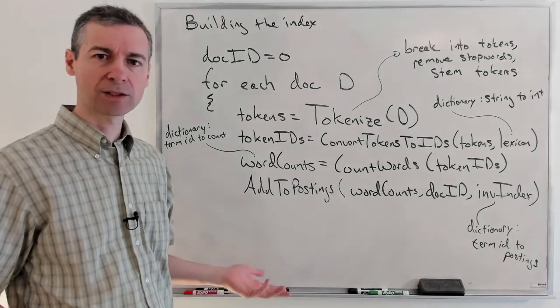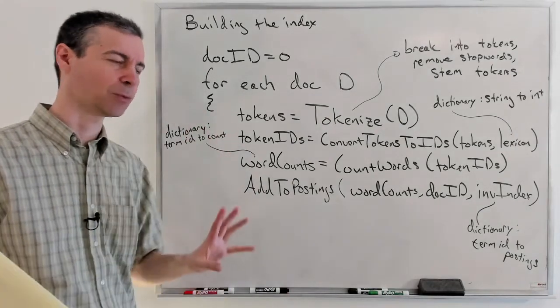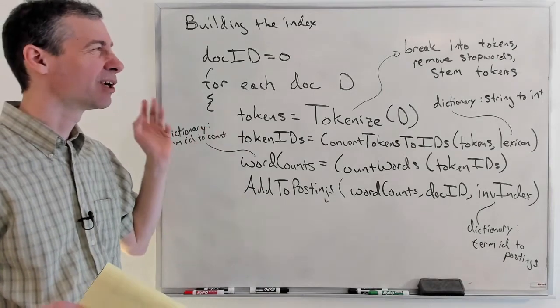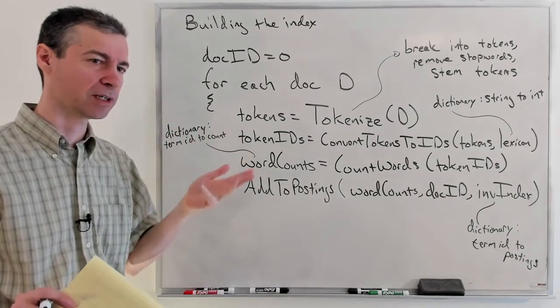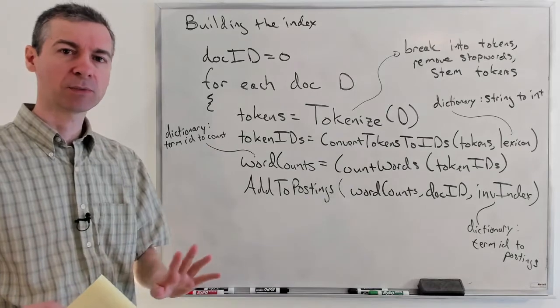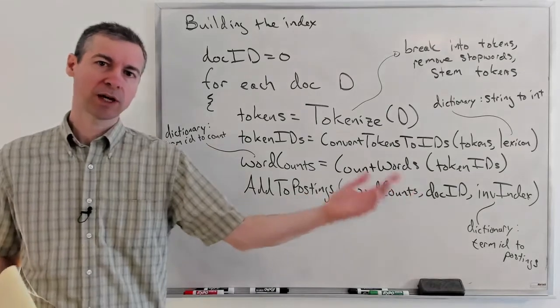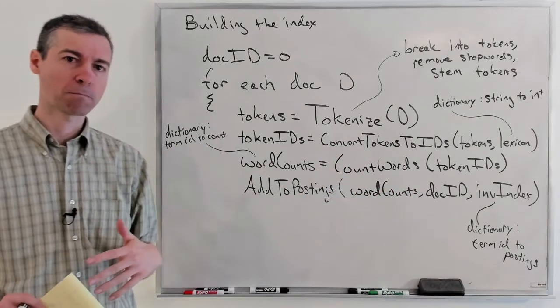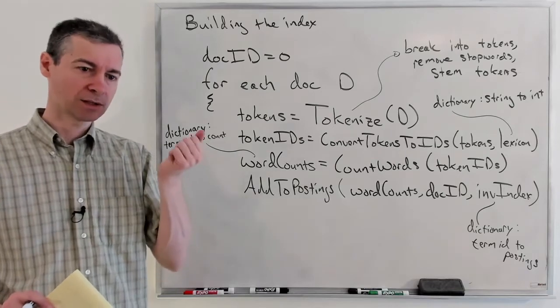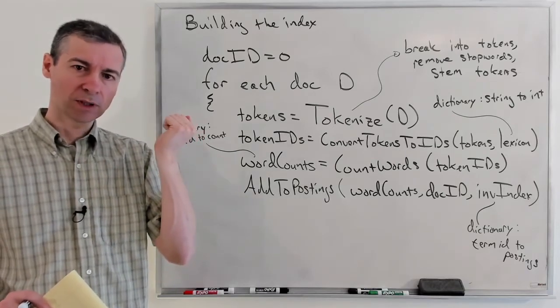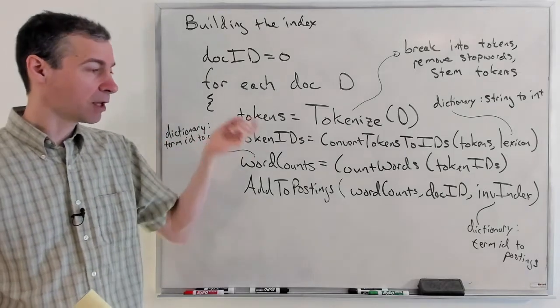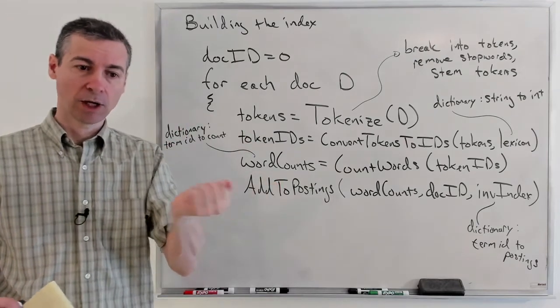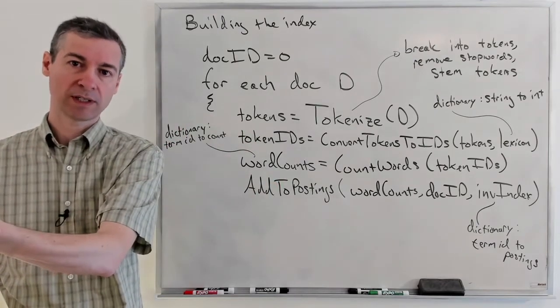Someone might ask, wait a second, why is this called an inversion? Why do you keep talking about the inverted index? The reason is because when we have the documents and they come in, we know very much, oh yes, we have a document and we know what words it contains.